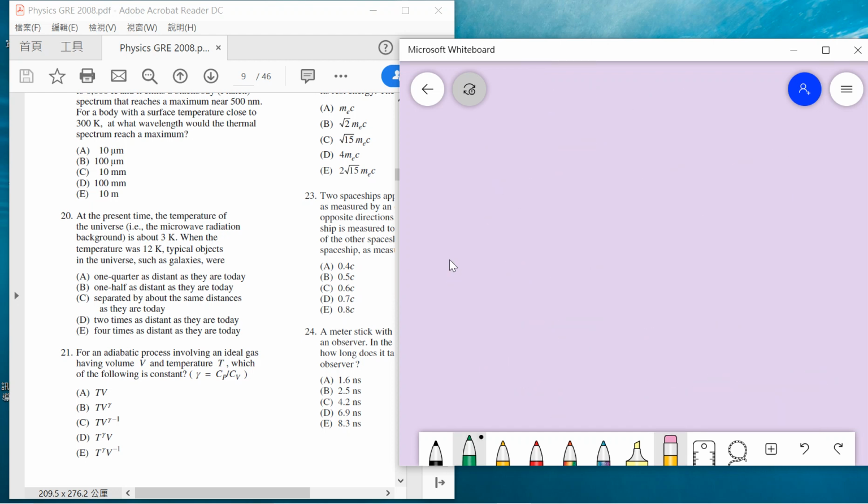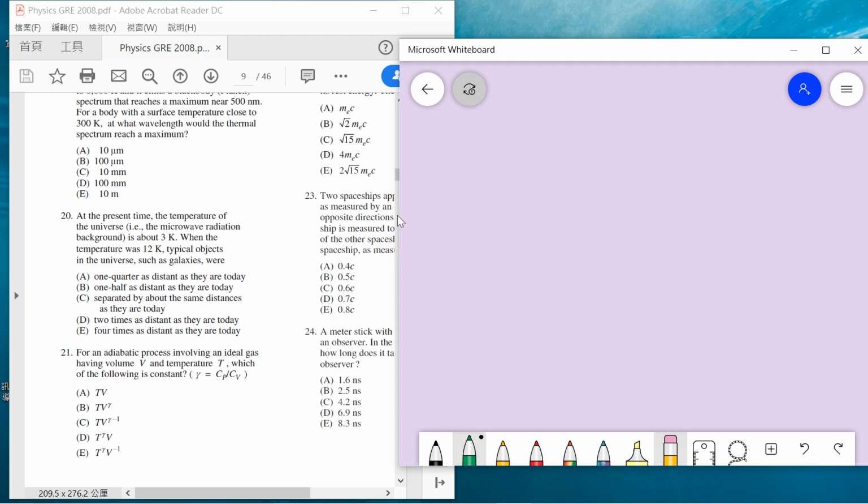So 12 says that at present the temperature of the universe is 3K, and what about 12K? So 12K means the objects in the universe are much closer to each other.